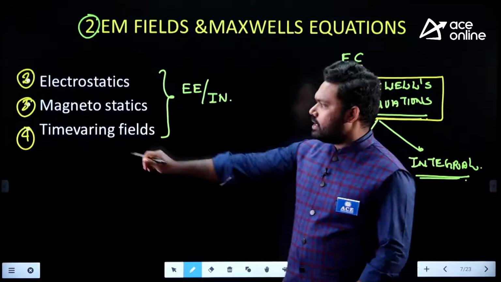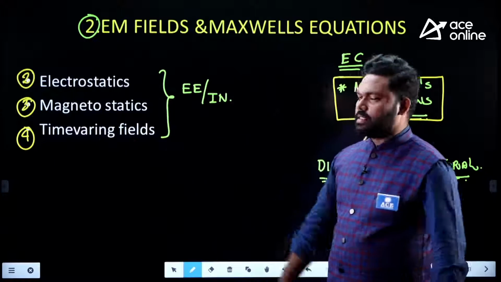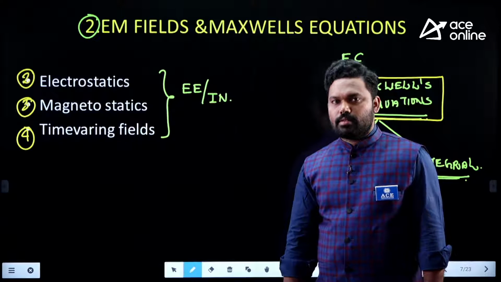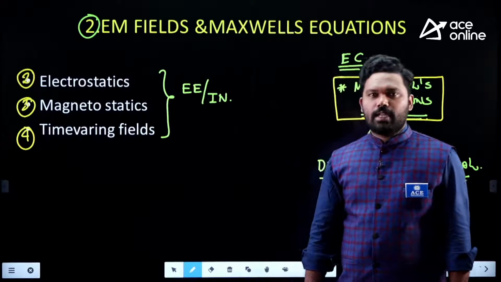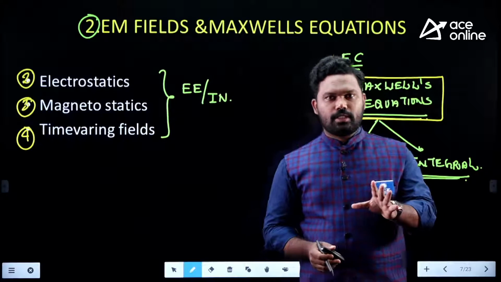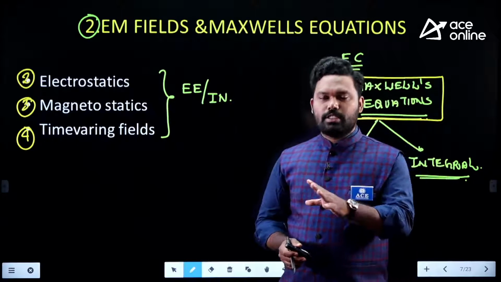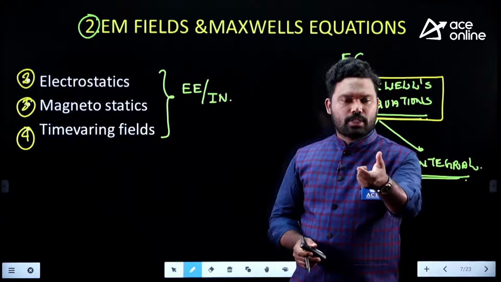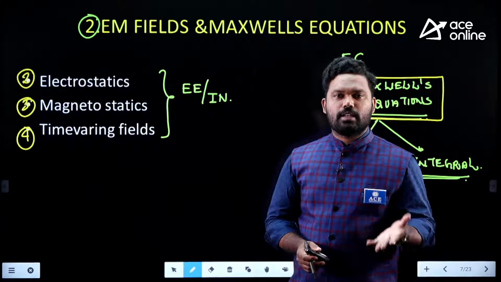Fine, okay. And finally, you will have time varying fields. In the time varying fields, one of the most important things is Faraday's law. For electrical students and for instrumentation engineering students also, Faraday's law is one of the most important. You are going to get this Faraday's law in your machines also.